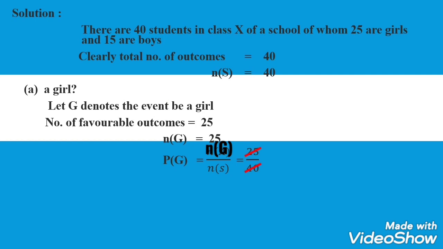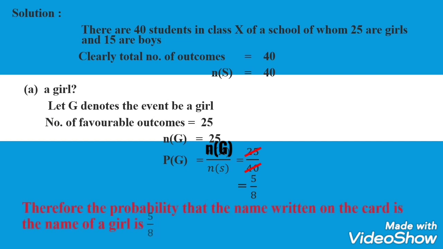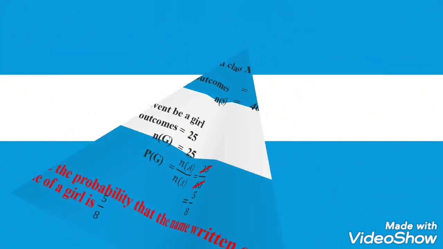Simplifying, we get 5 by 8. So P of G equals 5 by 8. That is the probability that the name is that of a girl. Therefore the probability that the name written on the card is the name of a girl is 5 by 8.